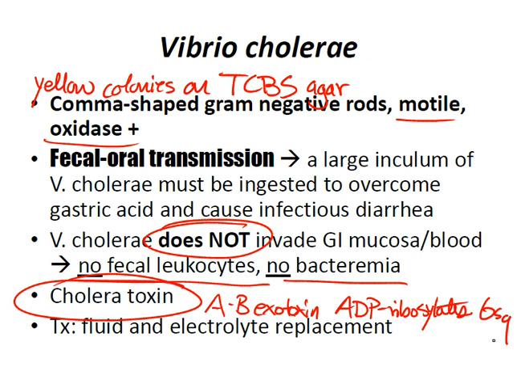So you increase cyclic AMP because of this. You increase cyclic AMP, which opens the CFTRs in the luminal membrane of the gut epithelium, so you get increased chloride secretion.